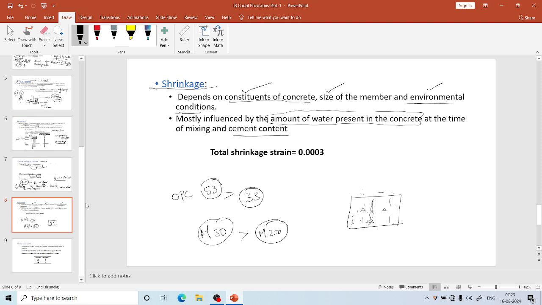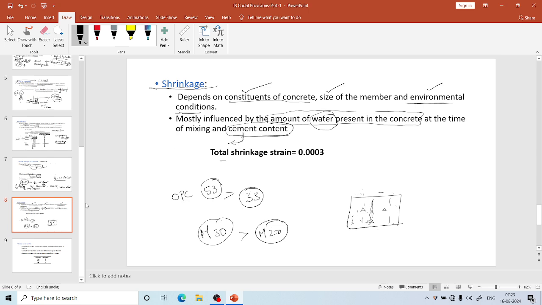Shrinkage not only depends on the amount of water, but also the cement content present in it, because cement is mainly responsible for the high heat of hydration in the concrete.